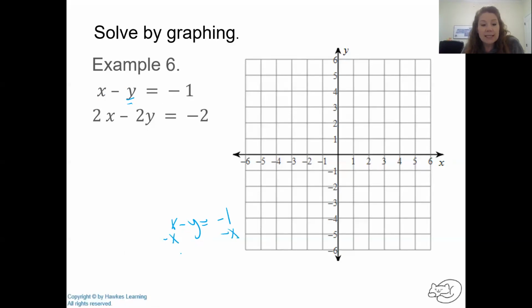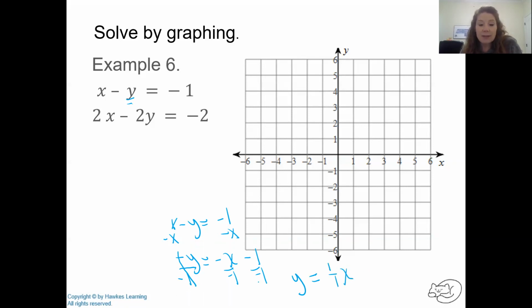Bring down my minus y equals -x minus 1, but I haven't solved for positive y. The only way to get rid of that negative sign is I divide everything by -1. Now negative divided by -1 is positive, so positive y. A negative divided by a negative is positive x.